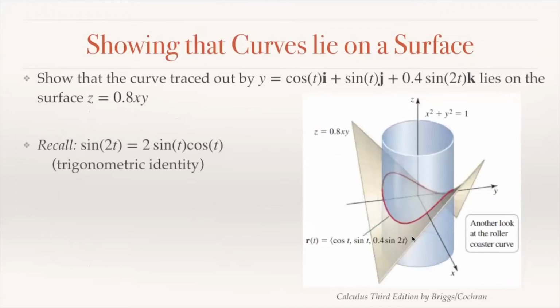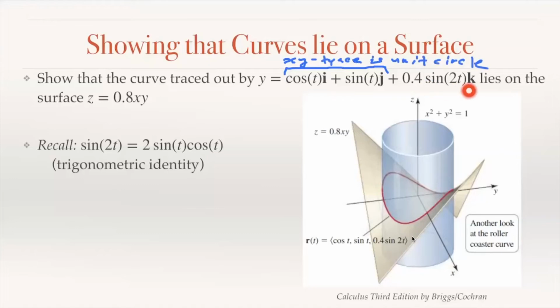Now, let's think back to, where this is slightly different. Let's think of this vector function. Okay, so once again, the xy trace is a unit circle, our standard parameterization of the unit circle.